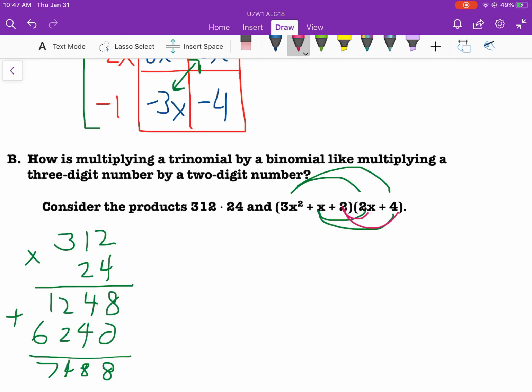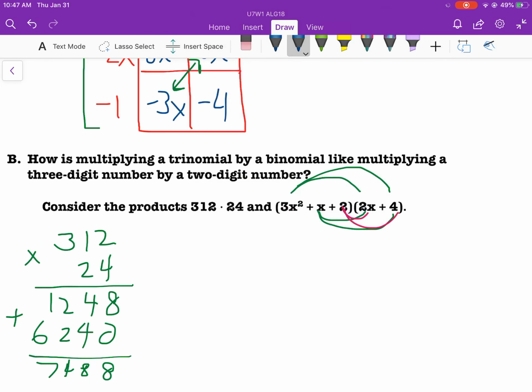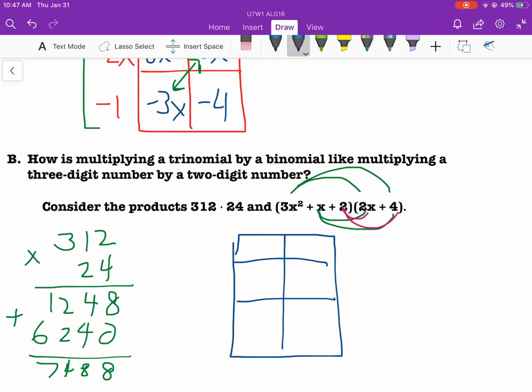And so a lot of kids have trouble with that though, so I would highly recommend you just use the table, because that makes it easier to line up your terms going down the side and going across horizontally, so that when you multiply you can keep track of what you've already done and what still needs to be done.